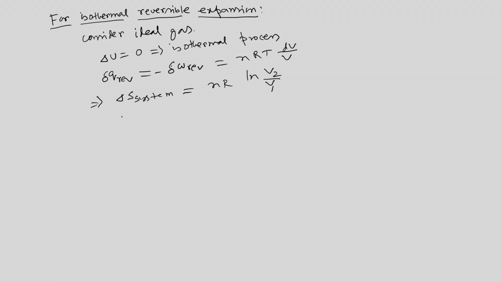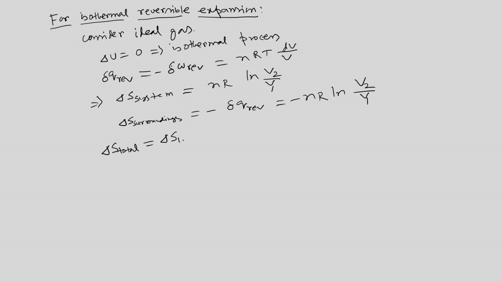So delta S surroundings is nothing but minus delta Q reversible, and we can write minus nR ln V2 by V1, where V2 is our final volume and V1 is our initial volume. So what about delta S total or delta S universe?